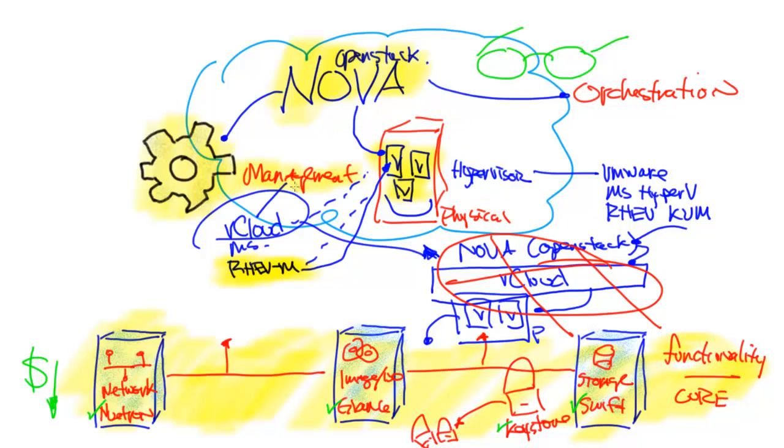We want to do that directly, and we want to be able to have them work together. So I want to have my RHEV-M environment and my Nova environment running at the same time, both accessing the same set of hypervisors. And then, of course, these hypervisors simply point down to the functionality within the cloud environment.